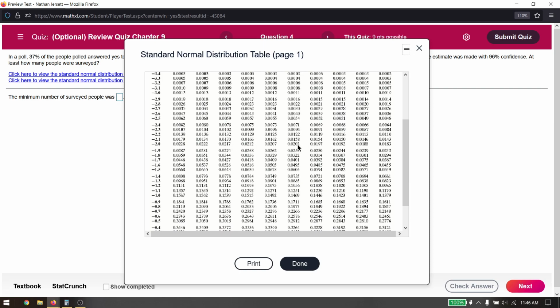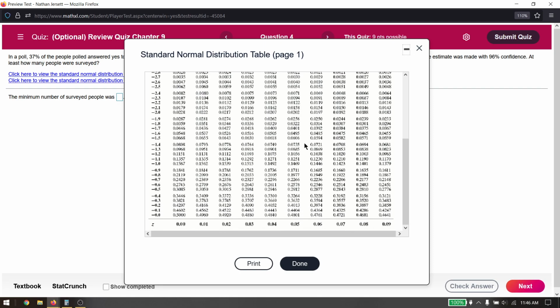It looks like it's between these two numbers, 0.02. And you can just use a positive, 2.055, I guess.